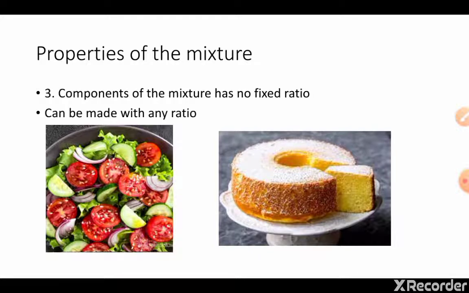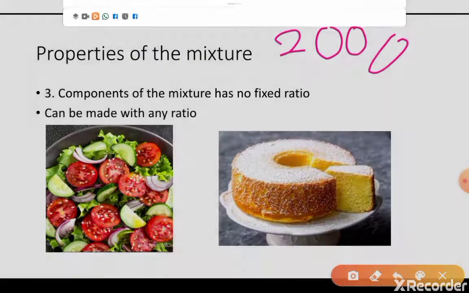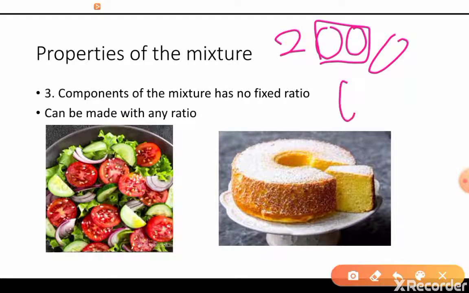Okay, the last difference is that to make a fruit salad or a vegetable salad, you do not need a fixed ratio. For example, I don't have to put 2 pieces of tomato with 1 piece of cucumber with 3 peppers.